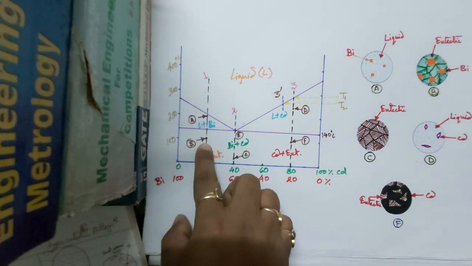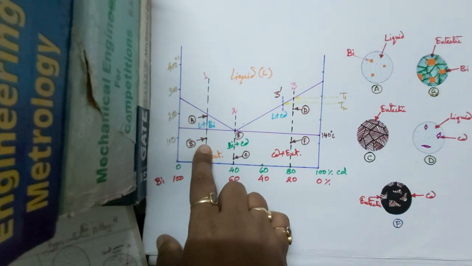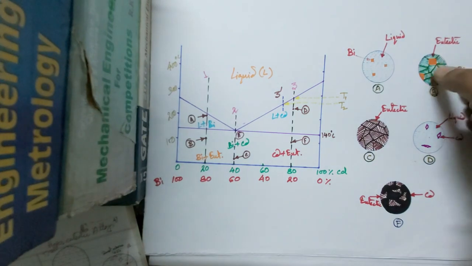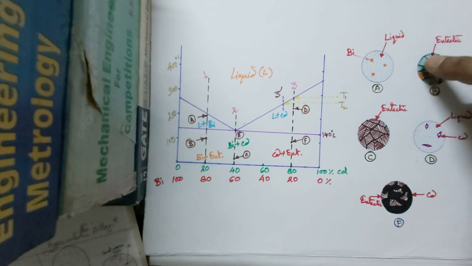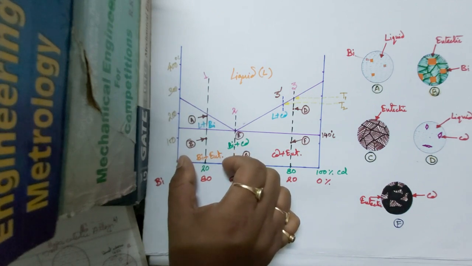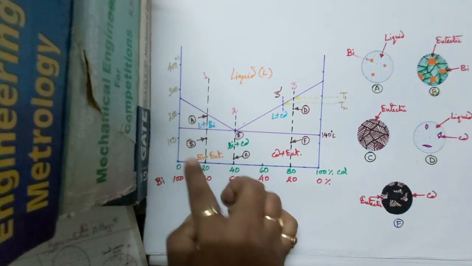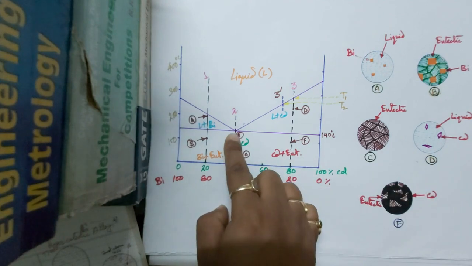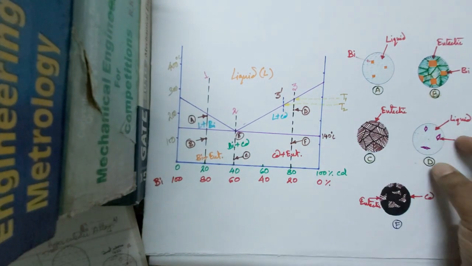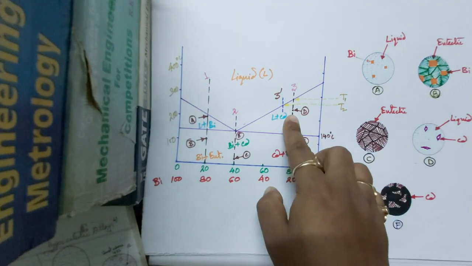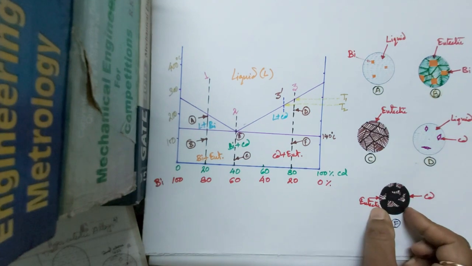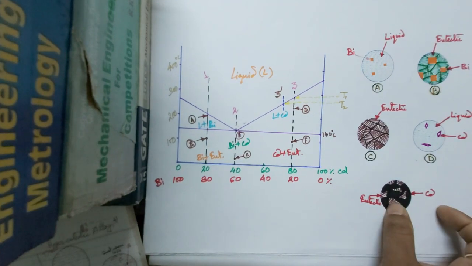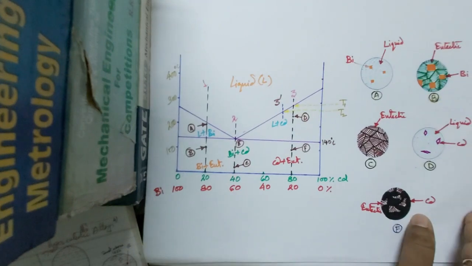Then point B, where we have eutectic plus bismuth. So these are bismuth and these are eutectic. We have a maximum amount of eutectic and a little bit of bismuth, as this place is a bismuth rich place. Then this is the eutectic region. This point is liquid plus cadmium, and this one is cadmium plus eutectic.